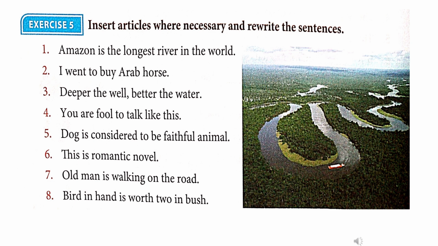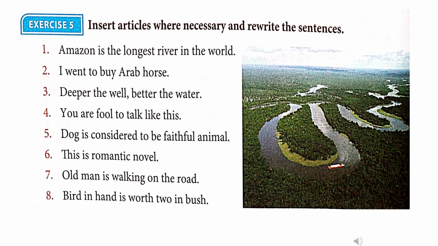5. Dog is considered to be faithful animal. In this sentence we have to insert two articles. The sentence beginning with dog, which represents the whole class. The dog is considered to be a faithful animal. 6. This is romantic novel. We can use the indefinite article a.